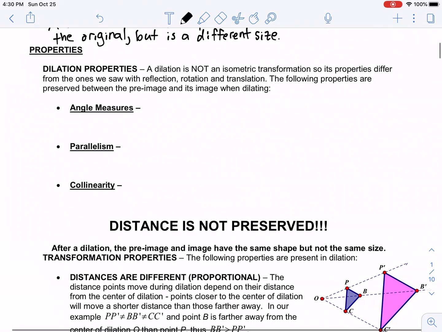But there are certain properties that remain the same. When we're dilating an image, there are certain properties that are going to remain the same. That includes angle measures, parallelism, and collinearity. I can't pronounce this, collinearity, and that's the best I'm going to pronounce that, guys.